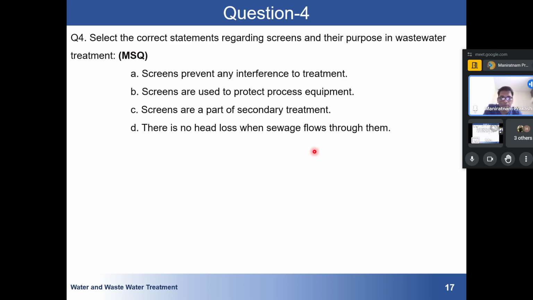Actually, every day at this time I face a network problem, so it might happen that after 5 or 10 minutes you might get disconnected, or there will be a net issue on my side. So please rejoin using the same link. If you think I am giving you some important knowledge, please do join us using the same link.